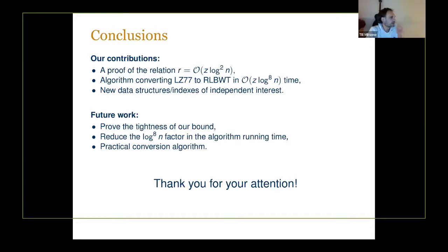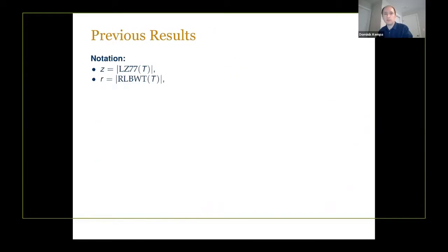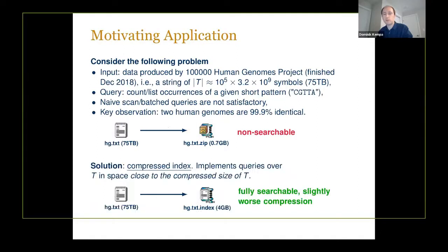Okay. So they all differ, depending on which compression method you use. Our key motivation was on the first slide, which are these compressed indexes.